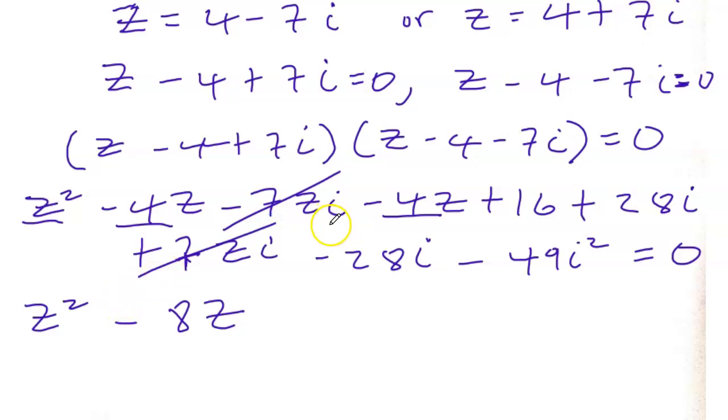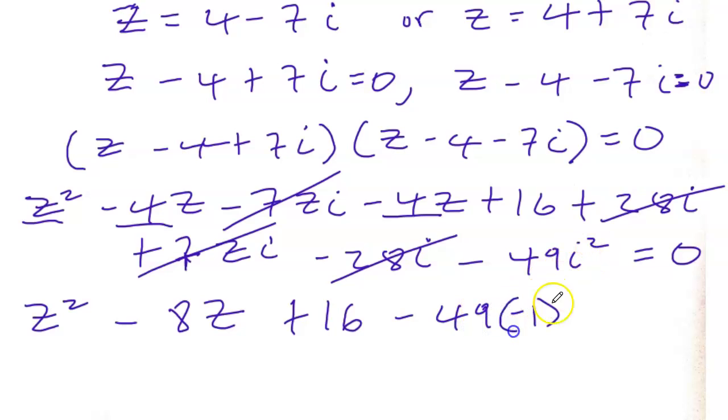What else do we have? We have negative 28i, which will cancel positive 28i. So what we have remaining is positive 16, minus 49 i squared. Now i squared is negative 1. So rewrite i squared as negative 1, equal to 0.